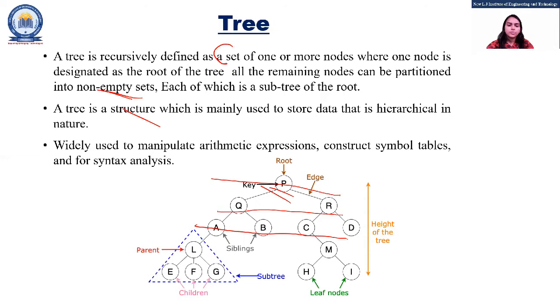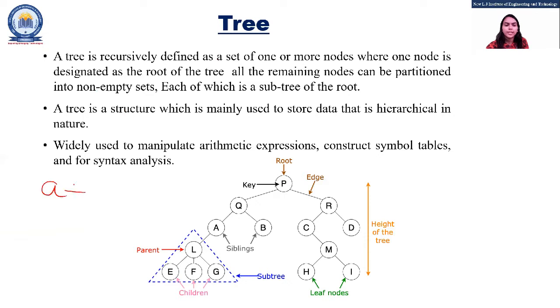Where are they used? Trees are widely used to manipulate arithmetic expressions, construct symbol tables, and for syntax analysis. So in these specific applications, trees are used. For example, an arithmetic expression such as a plus b plus c. Here, plus has the same precedence and the associativity is left associative, so it starts from left to right.